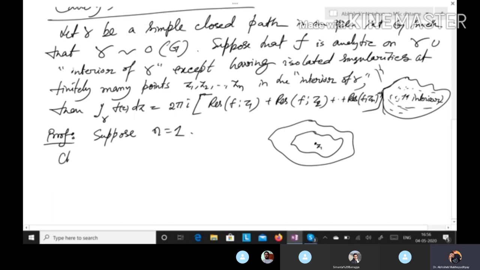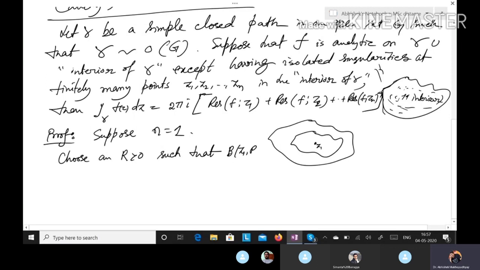Then choose an r greater than 0 such that B(z1, r) is contained in the interior of gamma.